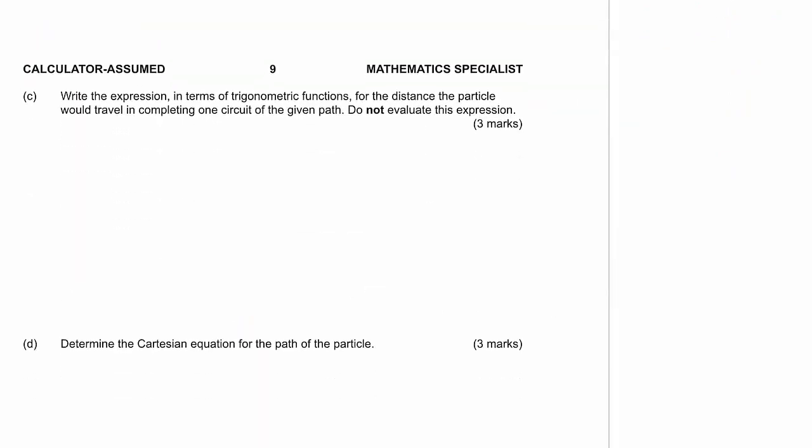Write the expression in terms of trigonometric functions for the distance the particle would travel in completing one circuit of the given path. We know that that's going to be to do with the modulus of the velocity.